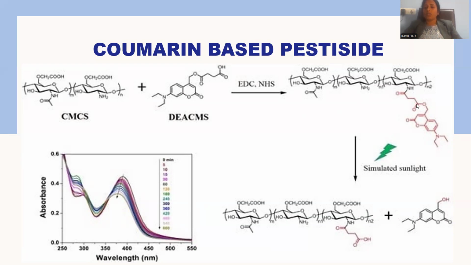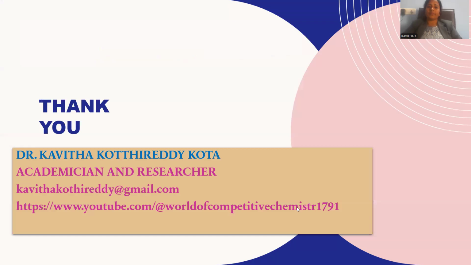Under simulated sunlight, both are working against the pests, giving rise to pesticidal activity over the croplands, and effectively securing the crop health is possible by destroying the pests by means of this natural pesticide.